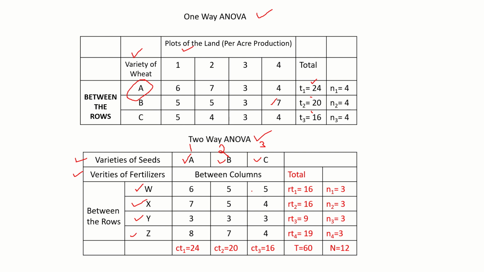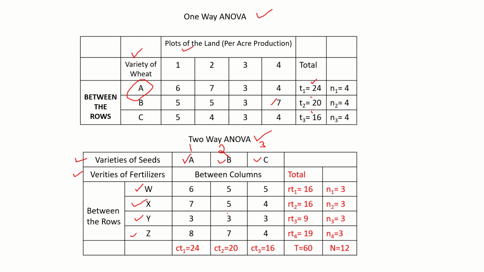The difference between one-way ANOVA and two-way ANOVA is that in case of one-way ANOVA, there is one factor that is influencing the dependent variable, here called productions. But in case of two-way ANOVA, there are 2 factors, like variety of seeds and fertilizers, influencing the productions.